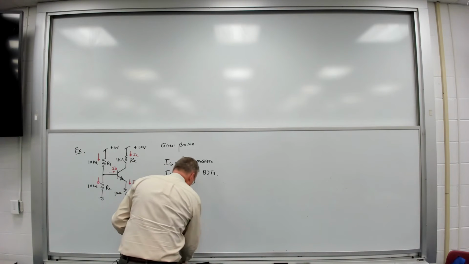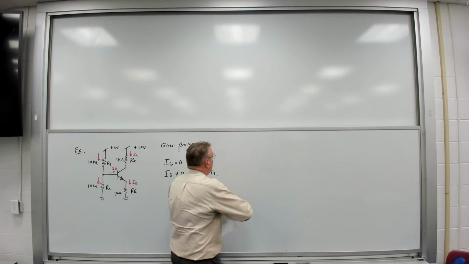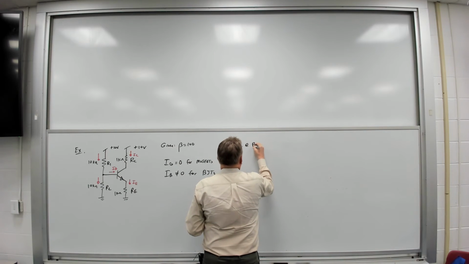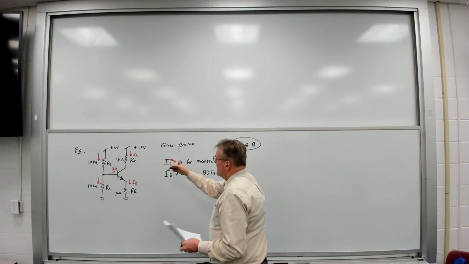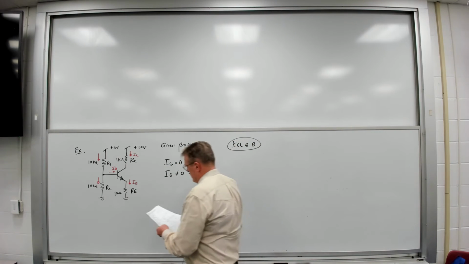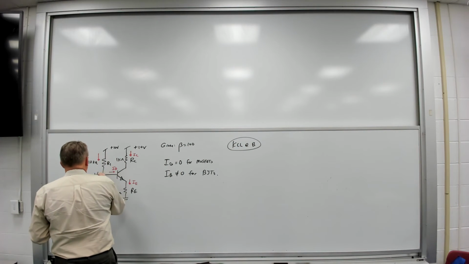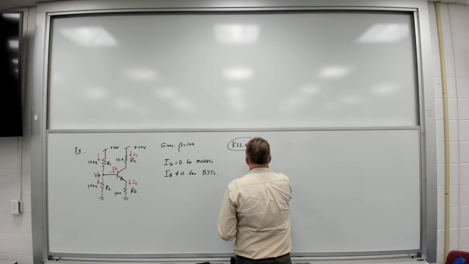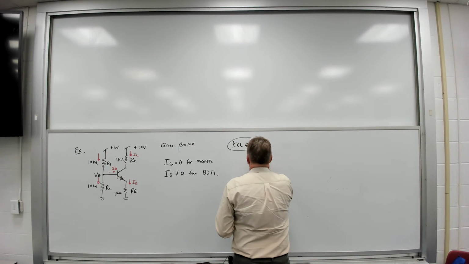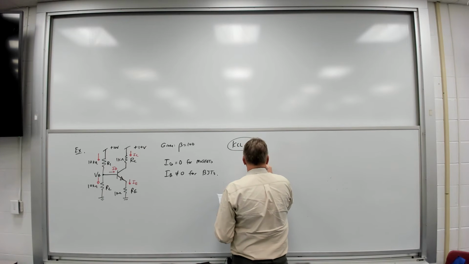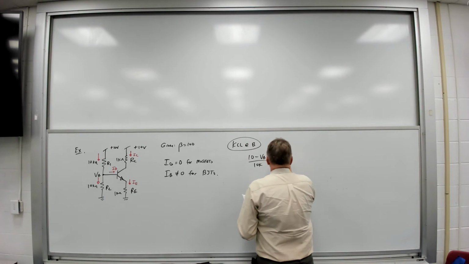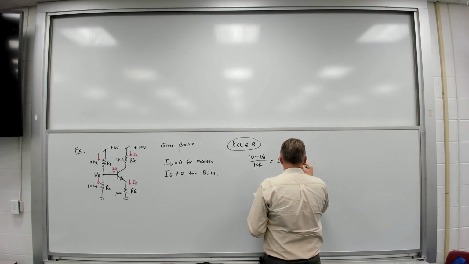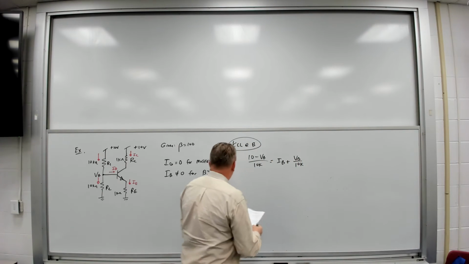So my KCL at the base: let's call this, of course, VB, the voltage at the base. So (10 minus VB) divided by 10K is equal to IB plus VB over 10K.